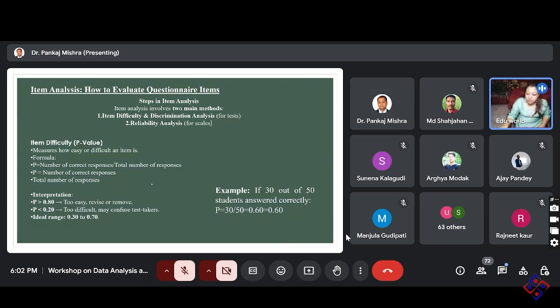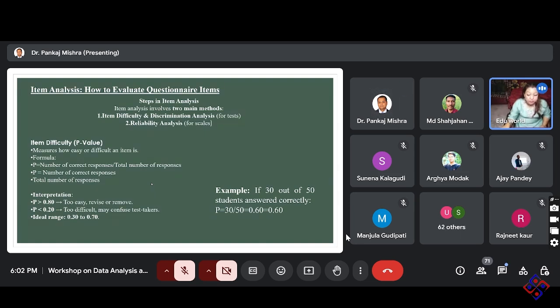I have shown just one example, as I was saying, of how you will eliminate or retain an item. In this way, we have to retain or eliminate the item. When you are conducting an achievement test questionnaire, you have to find out the item difficulty, and based on the results that you are getting, you can keep the items as well as eliminate them.